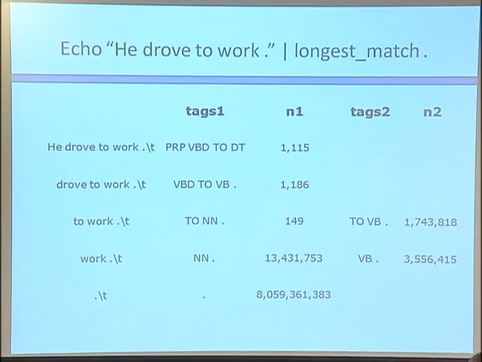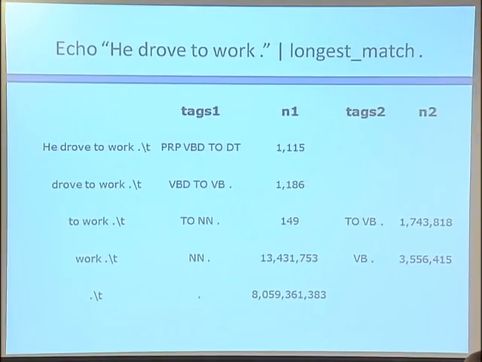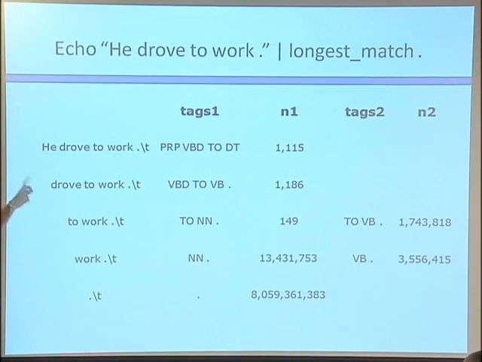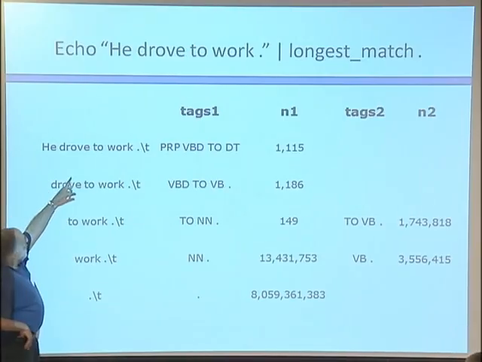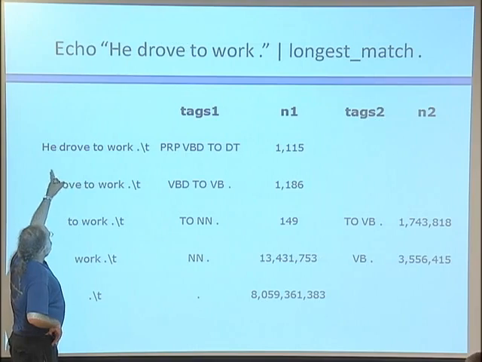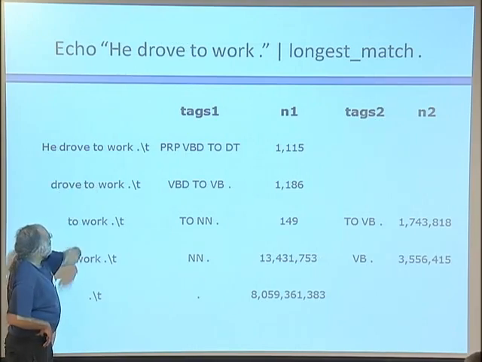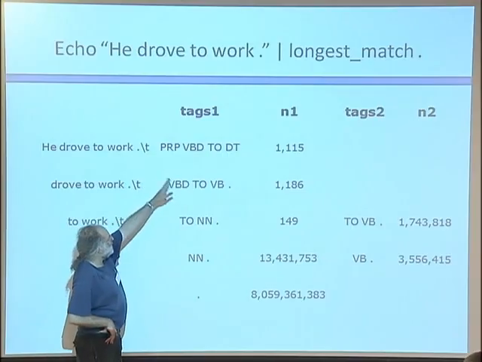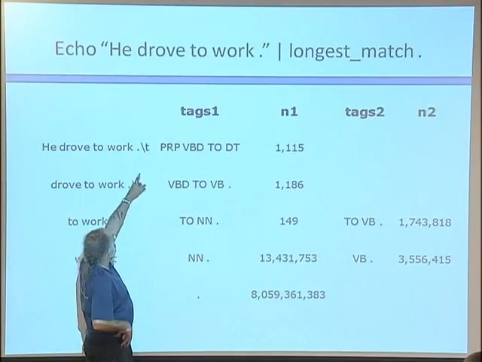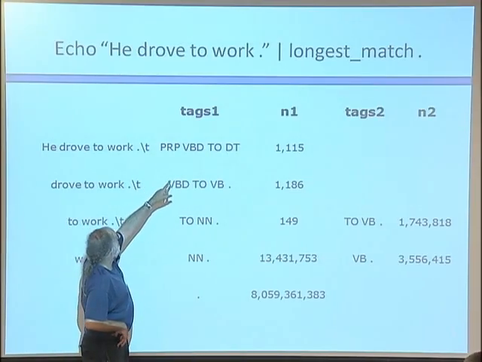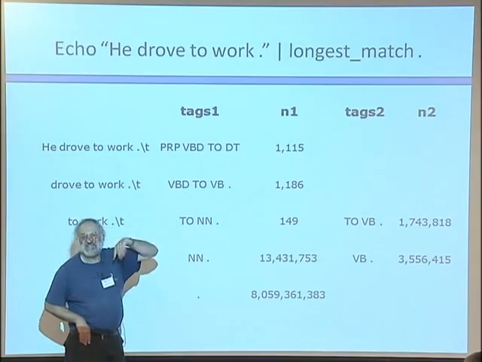Then I also mentioned longest match, which is another variation on the same idea. Here, you input the string "he drove to work". That was the original input. I think I've deleted from this slide the thing that it matched, but there was some part-of-speech sequence that it came to: "he drove to the" something or other.